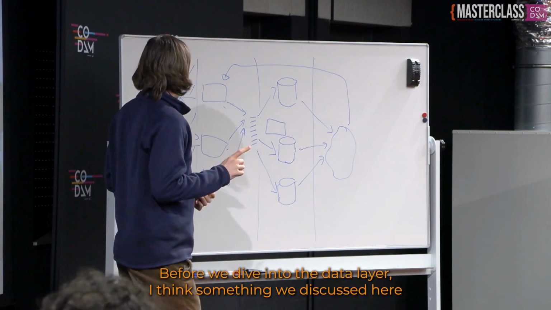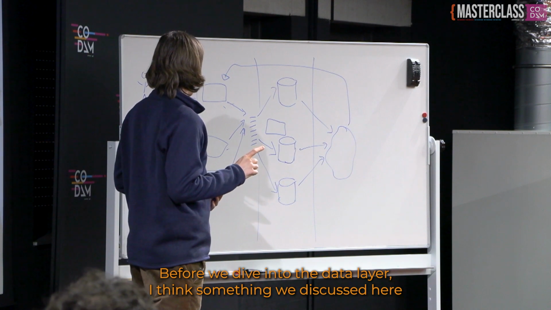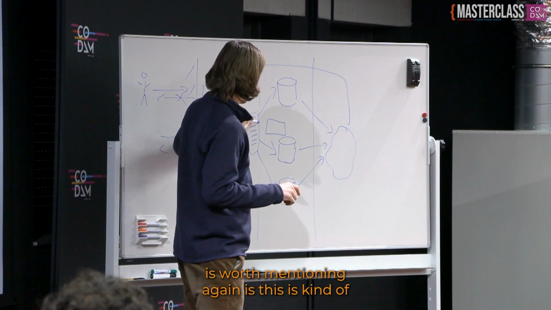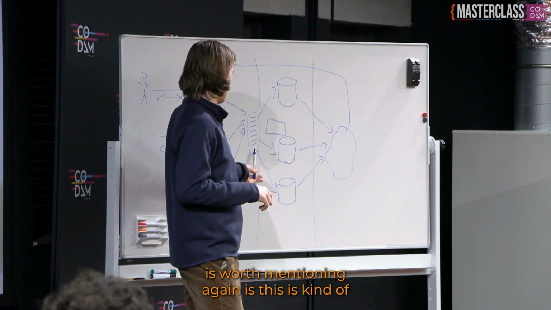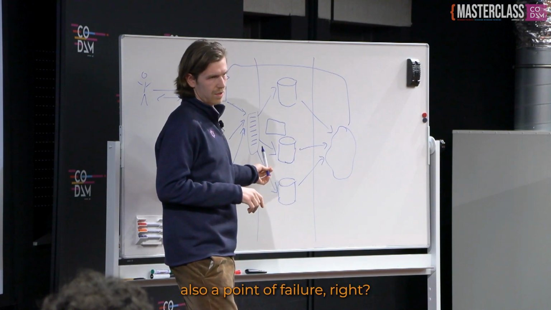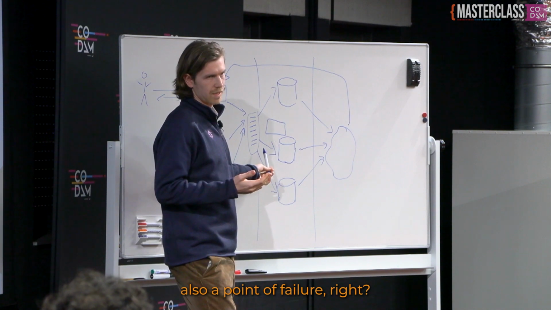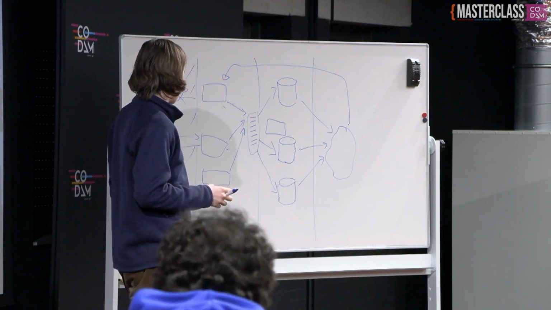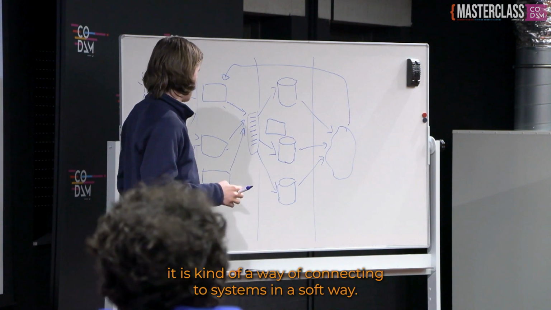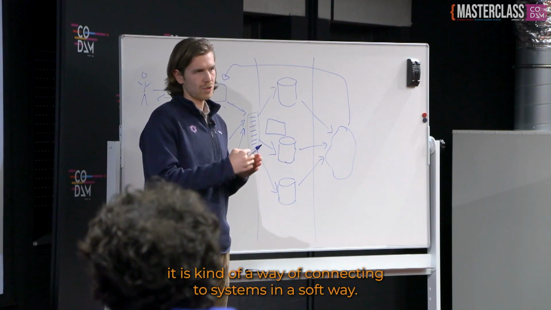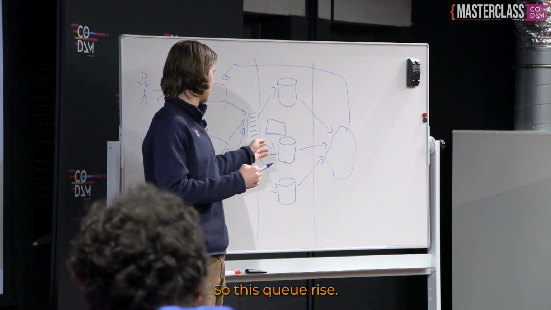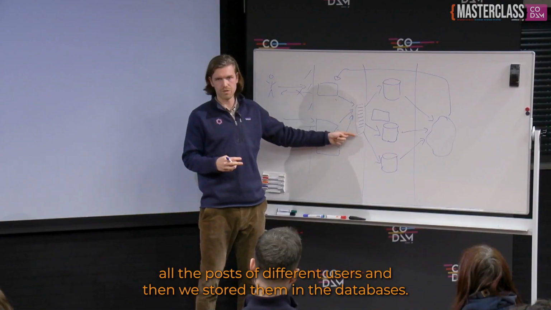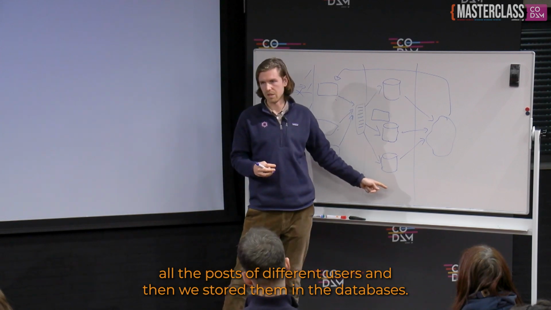Maybe before we dive into the data layer, something we discussed here is worth mentioning again. This is kind of also a point of failure, right? But it is kind of a way of connecting two systems in a soft way. So this queue, remember, there were incoming requests, we queued them, all the posts of different users, and then we stored them in the databases.